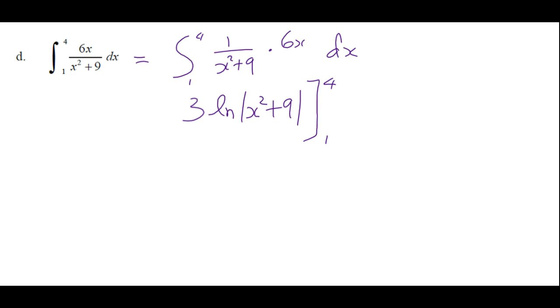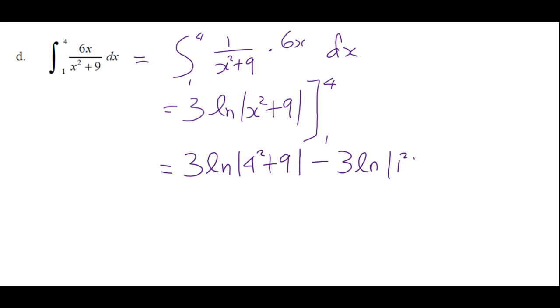Okay. No, let's just plug in and then worry about what we have. Right, because it's 3 times. Yeah, eventually we will. So it's 3 ln of 4 squared plus 9 minus 3 ln of 1 squared plus 9.